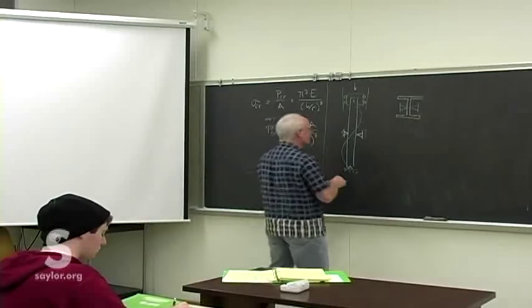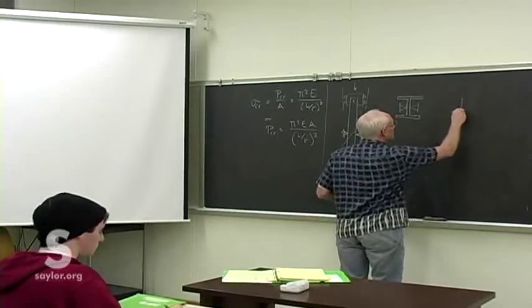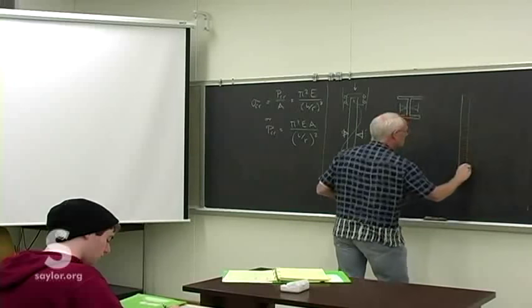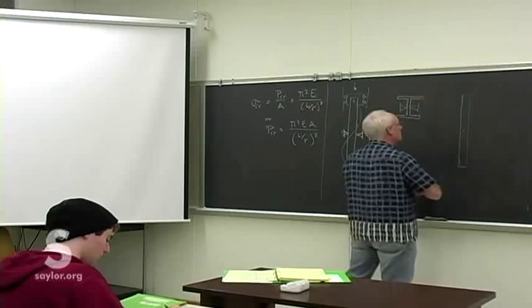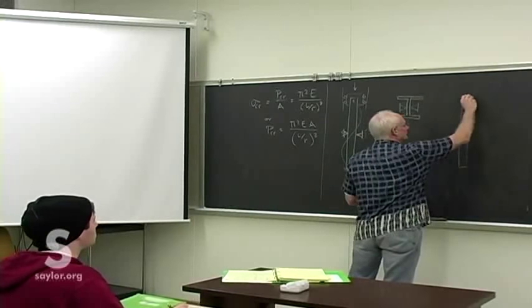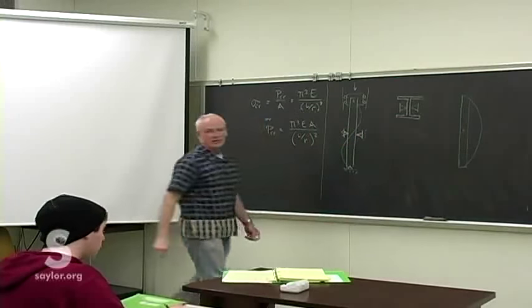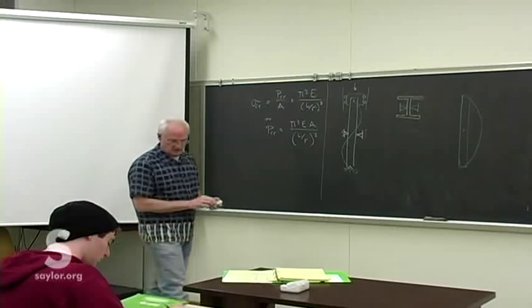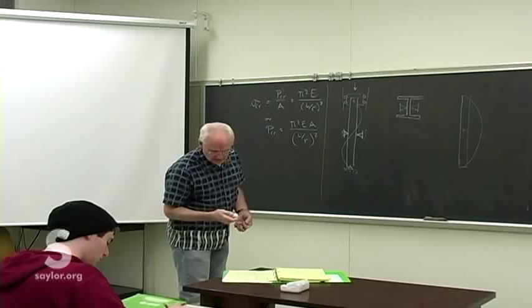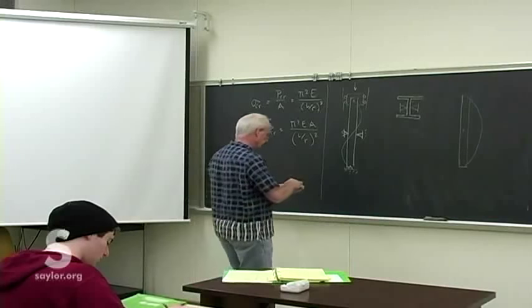In the opposite plane, where those supports are in that direction, it's now more likely to fail in the first mode. And there's a different moment of area for the two directions. So we have to make sure we've got that.